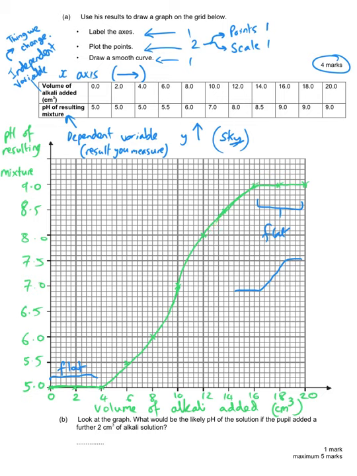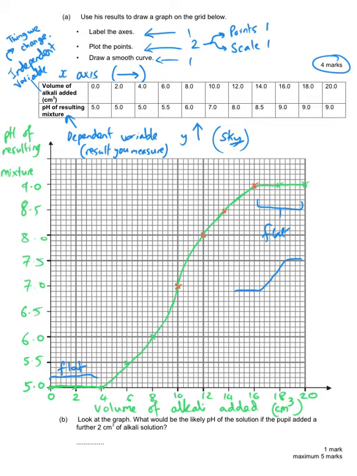So again, another reason why you would do your best fit line in pencil. And if you end up, when you rub out a line that you didn't like, and you end up having to go back over your points, don't forget to really make it clear that you have plotted your points correctly, and go over them again like I've just done there, just to show that I do want all of those marks. So that's the curve plotted and all our marks have been awarded.